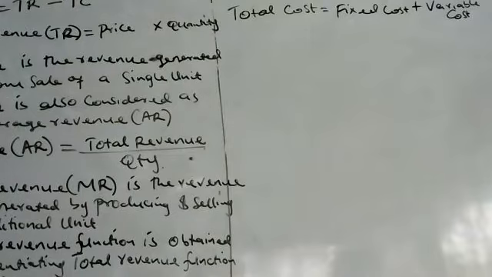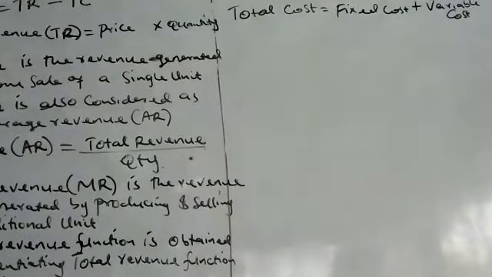So when we talk about the business costs, some of the costs in the business are constant or fixed. A good example there is the business rent. The business rent does not change. It is actually constant up to a certain level of output. So to those fixed costs, you add the variable costs.